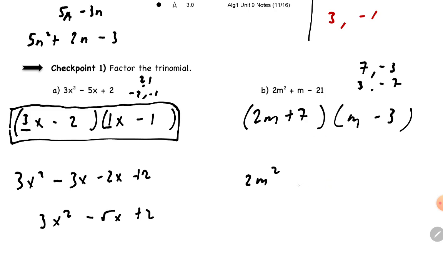If we look at our outside numbers, we'll get minus 6m, and then our inside plus 7m. Lastly, minus 21. It works out that way. So it just requires some trial and error and some practice, and you'll get to where you want to be.